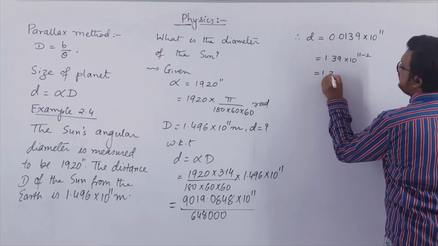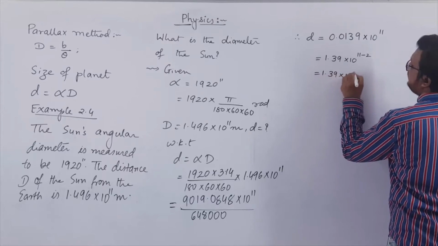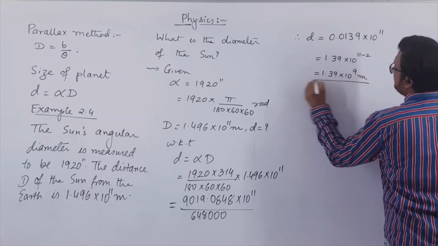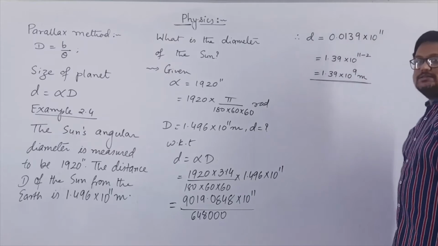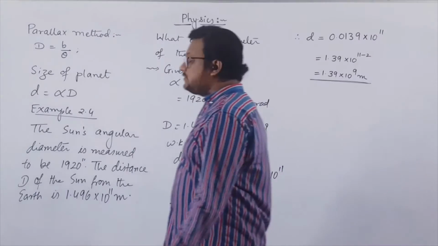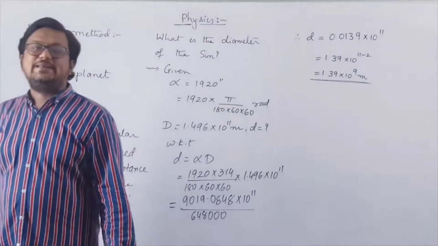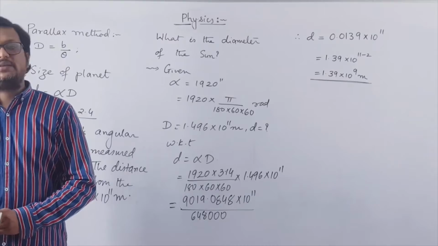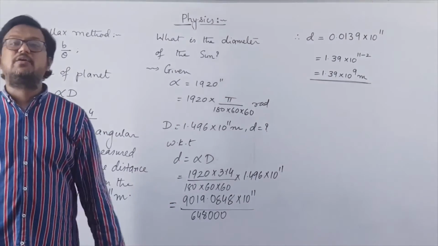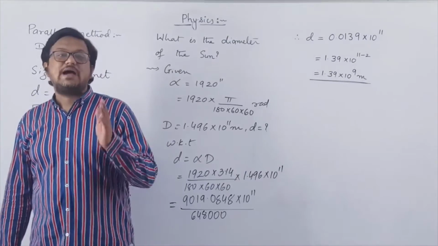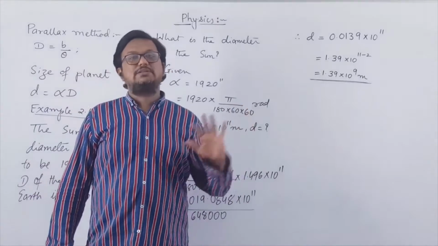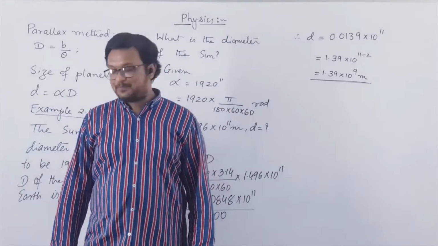So this will be 1.39 into 10 to the power 9 meter. This will be the diameter of the sun. You can see that by using the method for finding the size of a planet, you can easily find the size of the sun, that is the diameter of the sun. In fact, we can find the diameter of any planet by using this method. Clear?